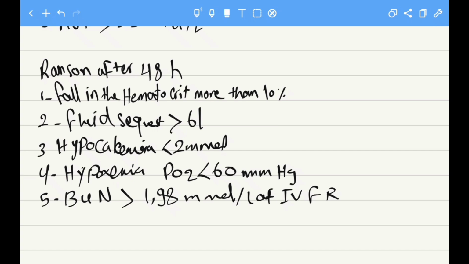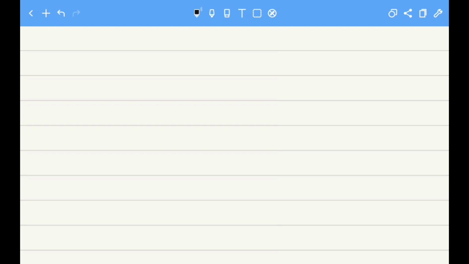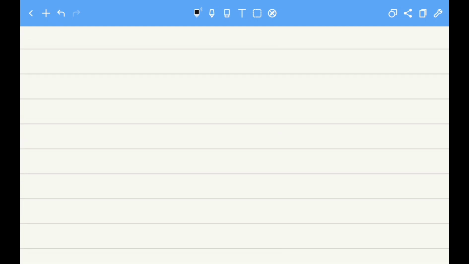Okay, can you tell me what are the prognostic implications of the Ranson criteria? If there is a score from 0 to 2, there will be 2% mortality.